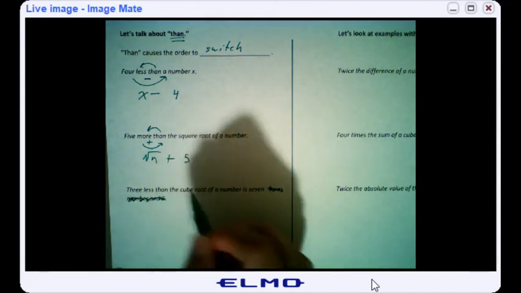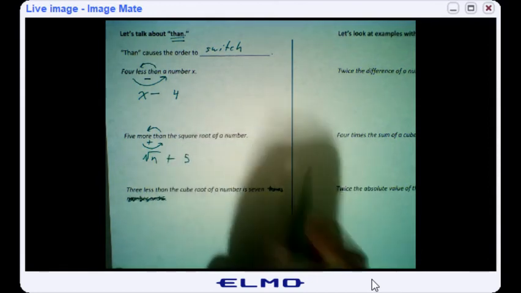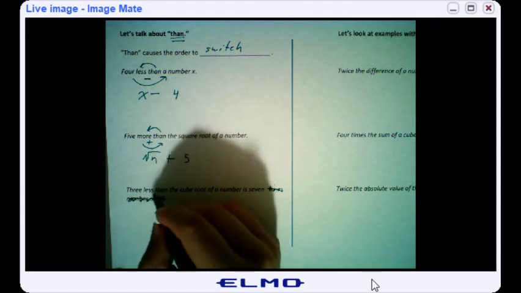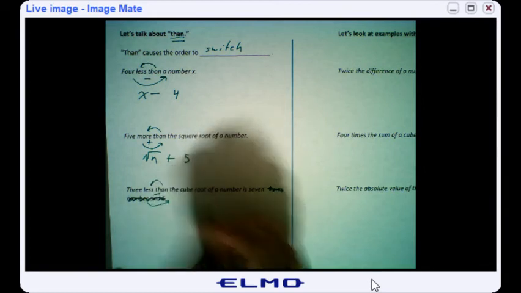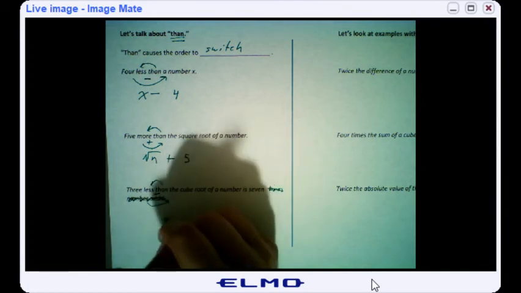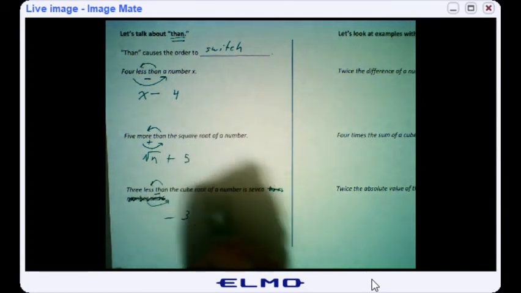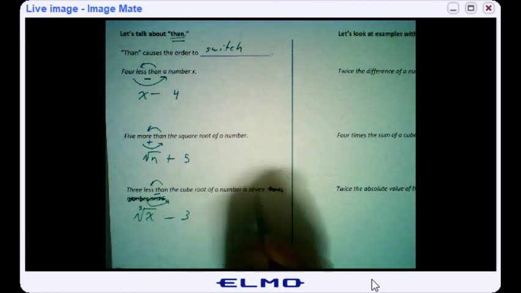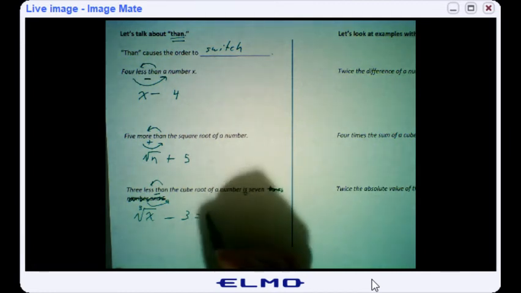So 3 less than the cube root of a number is 7. So less than, subtraction with our flip. So I'm going to have minus 3. This comes in front, so cube root of a number, so we could use x, is your equal sign, 7.